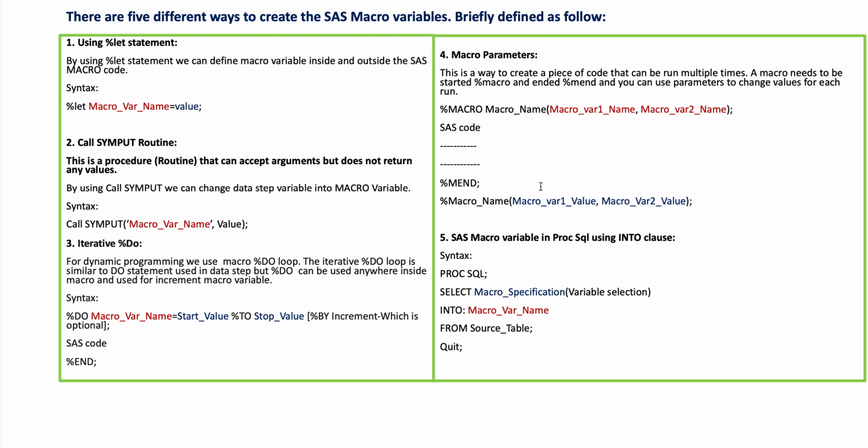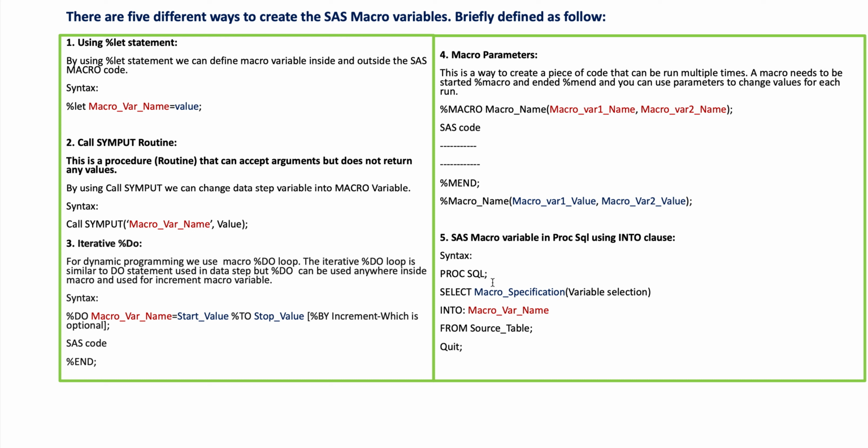And fifth one is SAS macro variable in Proc SQL using into clause. In this method, we can create SAS macro variable using Proc SQL procedure. Syntax is given here: Proc SQL semicolon select macro_specification.